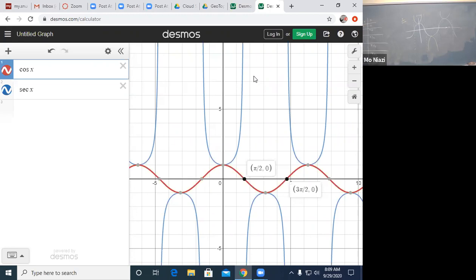Secant of pi over 6 is the same thing as 1 over cosine of pi over 6. Okay. And cosine of pi over 6 is what? Close. That's sine of pi over 6, right?